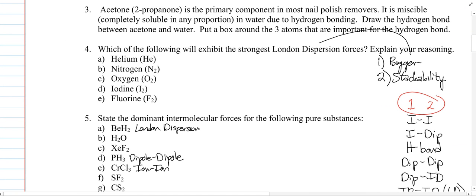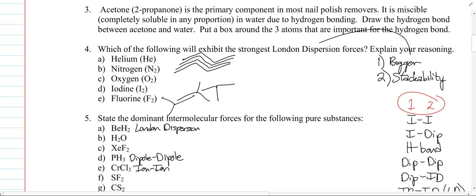So, for example, if I had 1, 2, 3, 4, and 1, 2, 3, 4, well, if I'm trying to create surface area contact to induce dipoles, this molecule is going to be much better at it than this molecule, right?